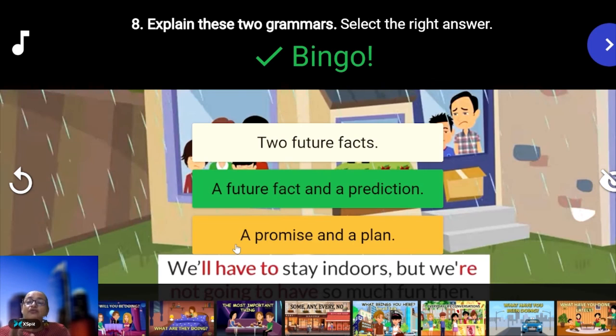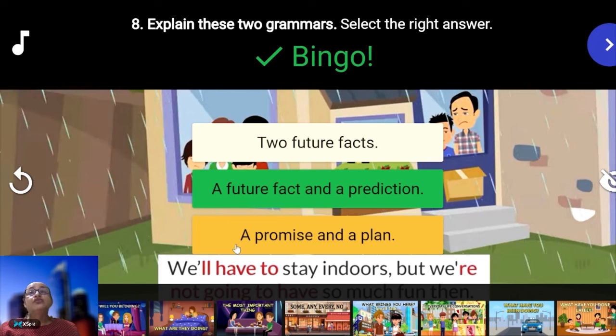Okay, that was all. So next class, we are going to do certain activities. You have to do a digital book.